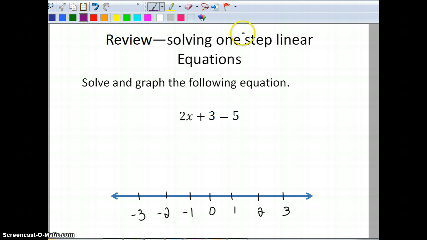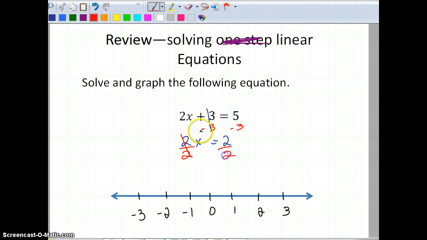For some reason I accidentally put one step, and this is not a one-step equation. So when we solve this equation, my goal is to get the variable by itself. So I'm going to subtract 3 from each side. So now I have 2x is equal to 5 minus 3, which is 2.